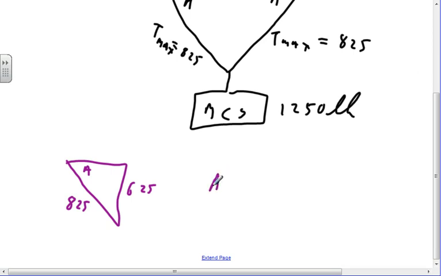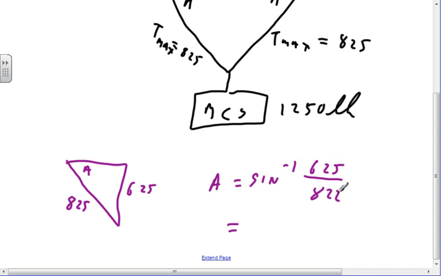So A is going to be, that looks like a sine function, right? The arc sine of the 625 over 825. Yeah.